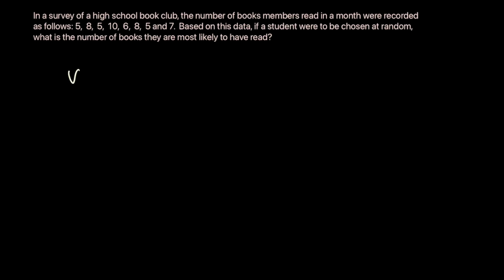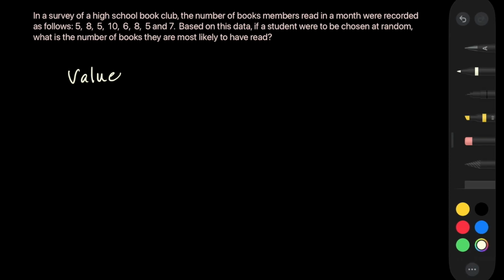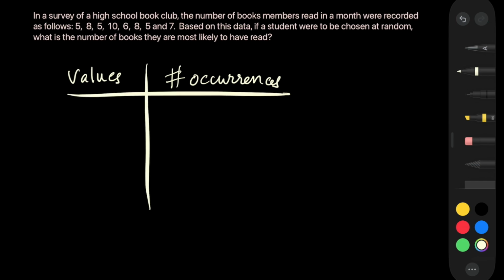So let's first make a table of values to the number of occurrences. We have 5, 6, 7, 8, and 10. 5 occurs thrice, 6 occurs once, 7 also occurs once, 8 occurs twice, and 10 occurs once.